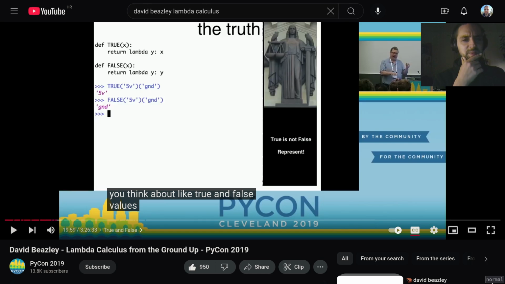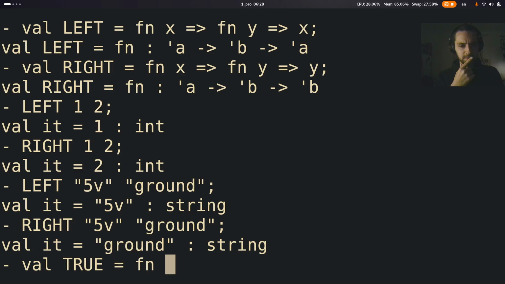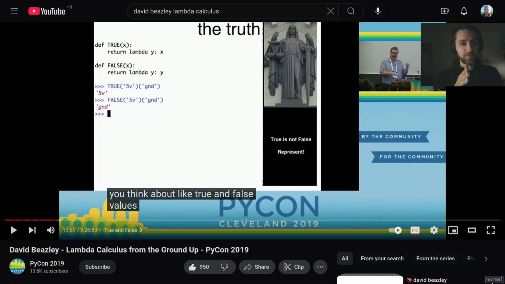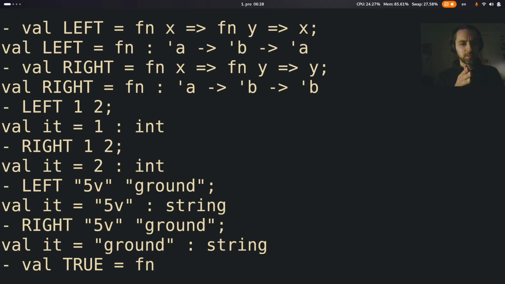It's funny he didn't pass it: def true x, return lambda y x, and lambda y y. You almost don't see two functions. But that should be the K combinator. Val true, lambda x, right? You can't do just this. Y. Can you?